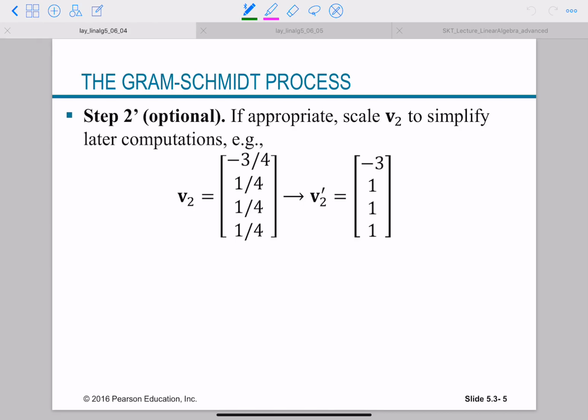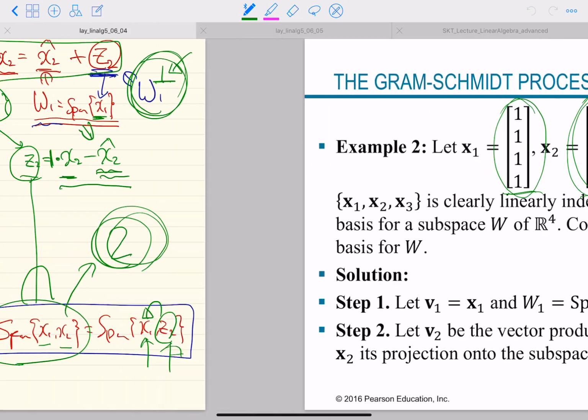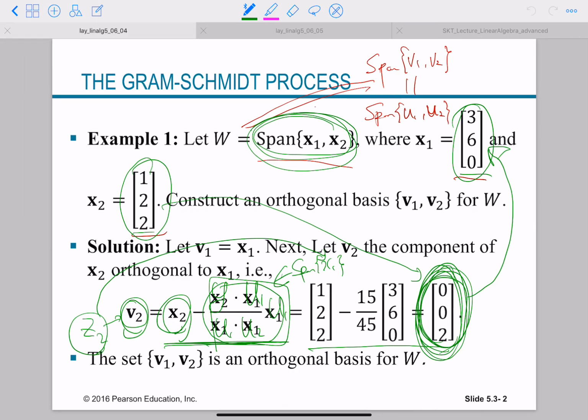Back to this previous simpler example, where we have these two orthogonal basis vectors. If we remember, basis vectors that are orthonormal to each other have nicer properties than just orthogonal basis vectors, right? So what if we want to make them into a simpler form of orthonormal basis vectors? The process is really simple.